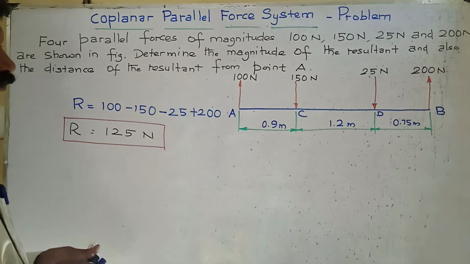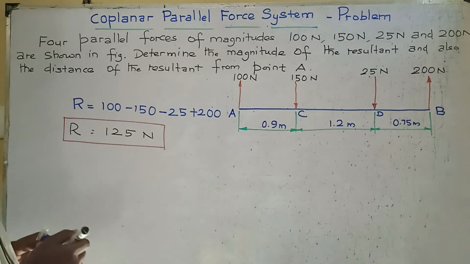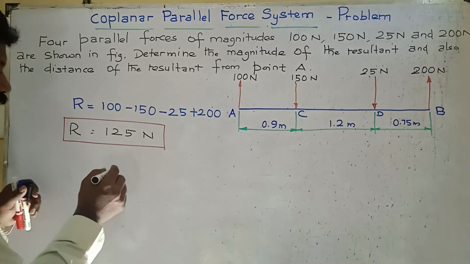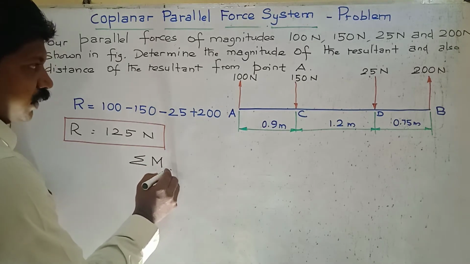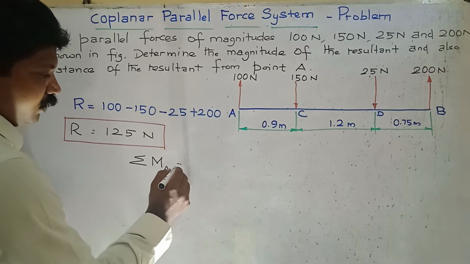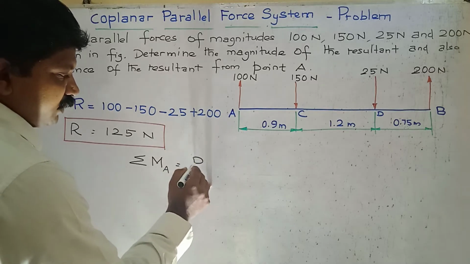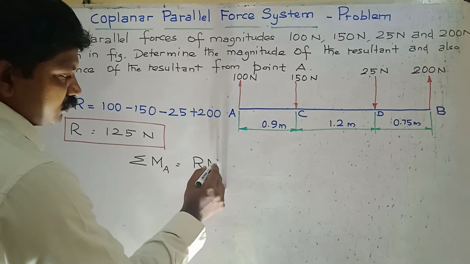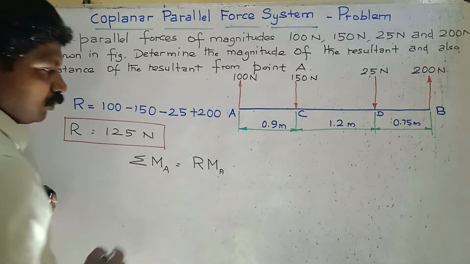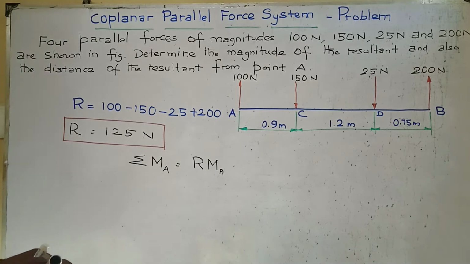So first we have to find the algebraic sum of the moments of all the forces about point A, which equals the moment of the resultant about point A.